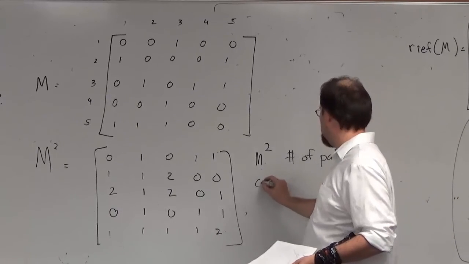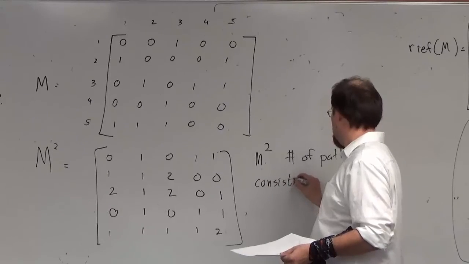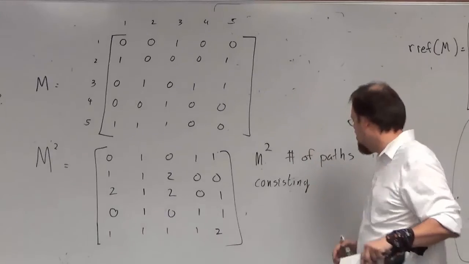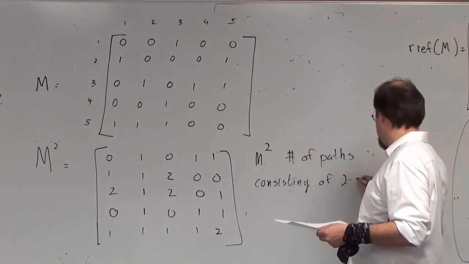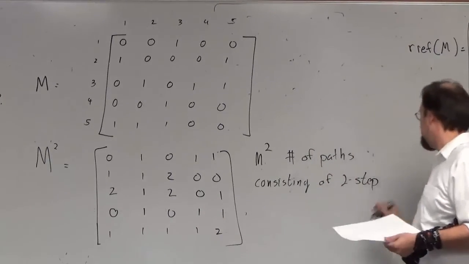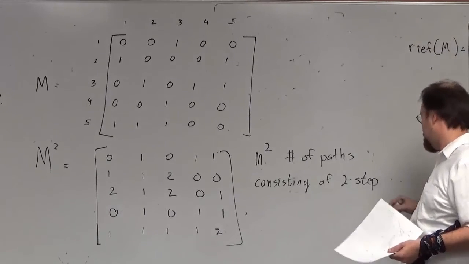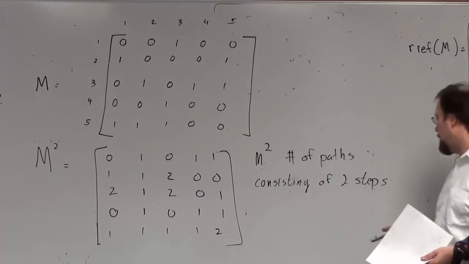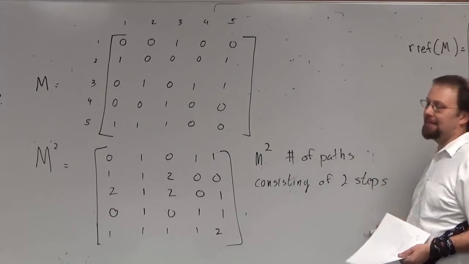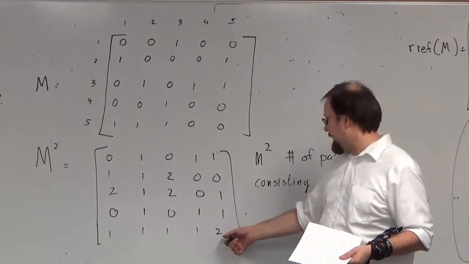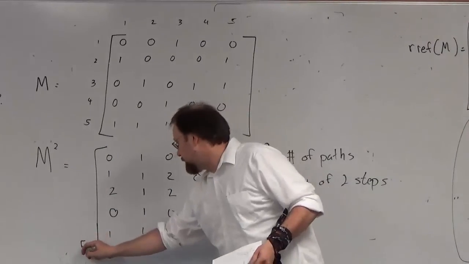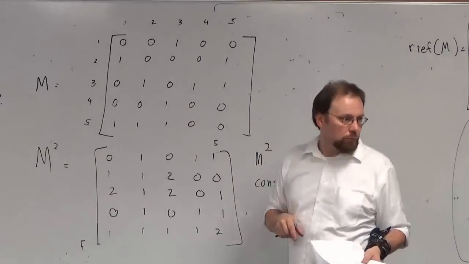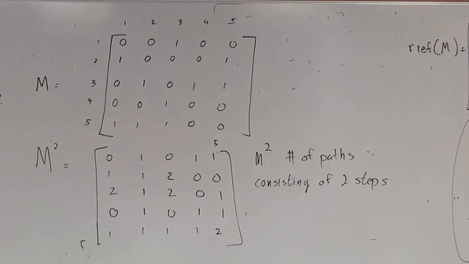So that means you go from one vertex to another, traversing 2 edges. It tells me the number of two-step paths. So this tells me that I can get from vertex 5 back to vertex 5 in 2 steps, in 2 different ways.